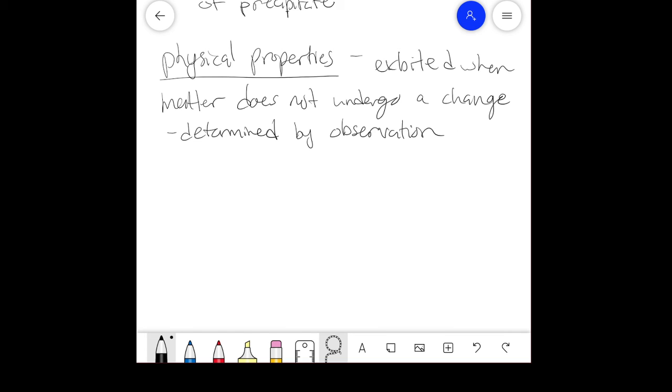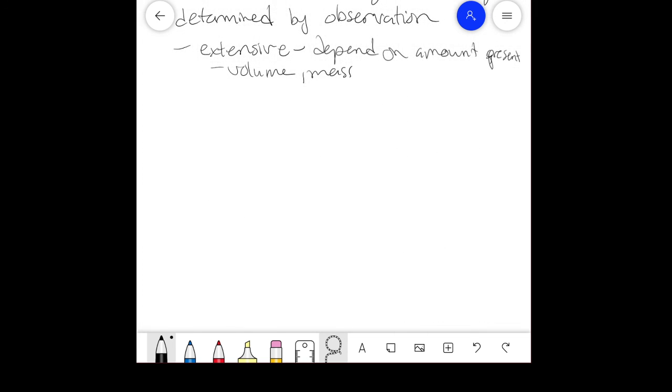There are two types. You can have extensive physical properties. Extensive properties depend on the amount present. So, volume would be an example. Mass, this changes depending on how much you have.